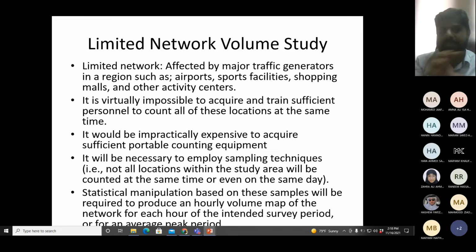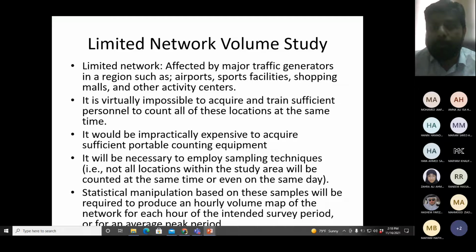The location and size of this limited network depends upon a specific traffic generating facility, a facility which generates traffic in high amounts as compared to normal residential units. Obviously, each house and each building generates some traffic, but there are traffic generators or facilities which generate a lot of traffic as compared to them.